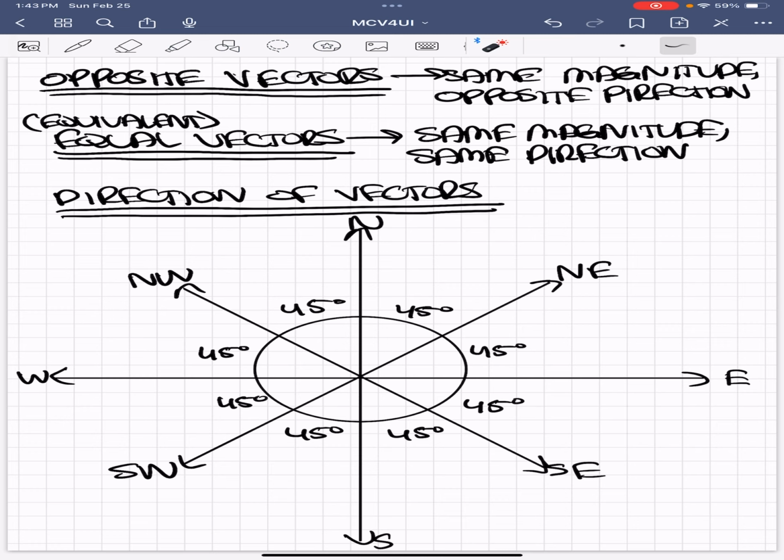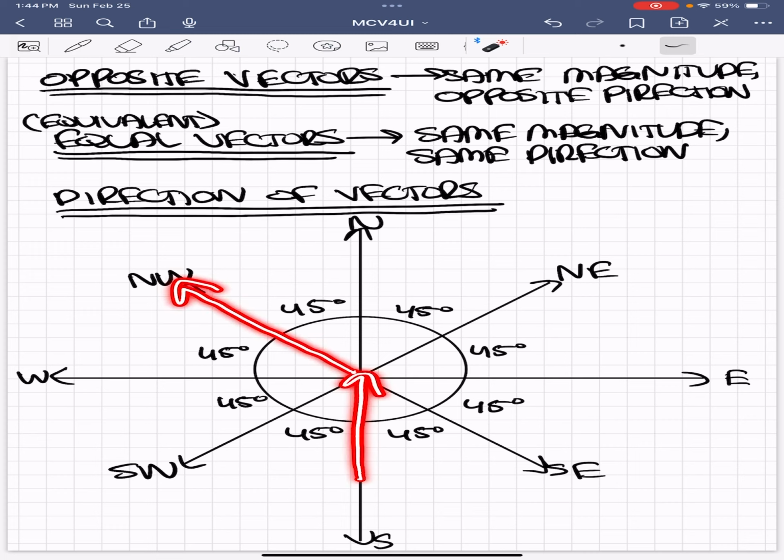You're going to get multiple questions that will say, oh, it is 45 degrees northwest, which means it would be pointing this way. And then there will be another vector that says it's pointing north.